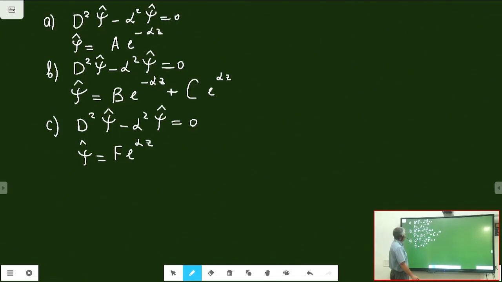Good. So, okay, so now how many unknowns do we still have? We determined the structure of the solution. So we need to determine A, B, C, and F. 4 constants. We need 4 conditions. How many jump conditions can we get?